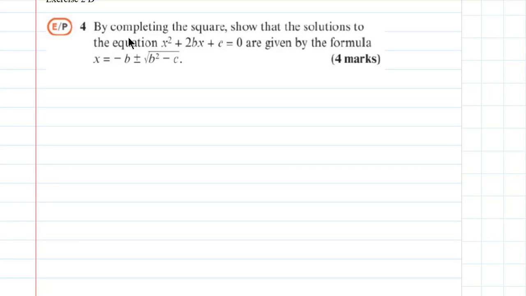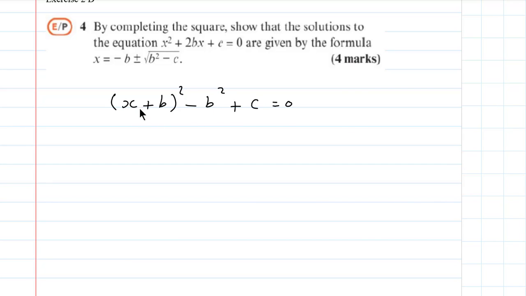Question 4. By completing the square, show that the solutions to the equation x squared plus 2bx plus c equals 0 are given by the formula like this. Very good. Okay, first of all, we will write this on the left hand side as x plus half of the coefficient. The coefficient is already 2b, so its half will be just b all squared minus this quantity squared, and then plus c, equals 0.